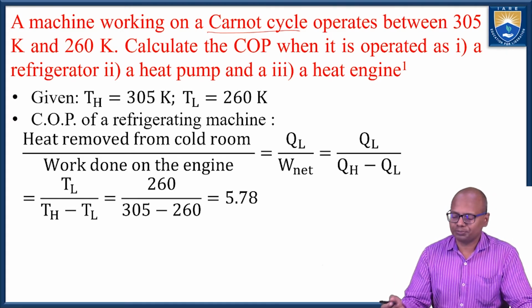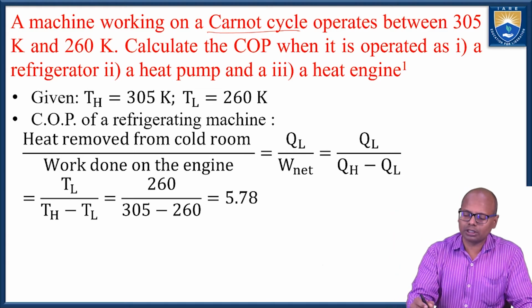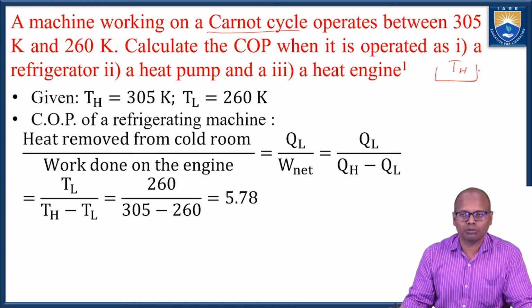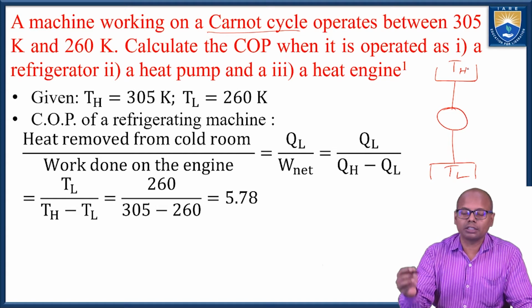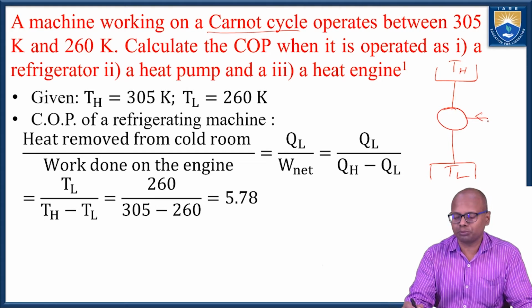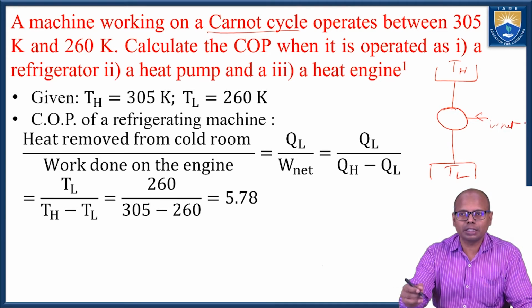Now we'll just recap what this setup is. This is a high temperature reservoir, this is our engine machine, and this is a low temperature reservoir. If I provide work input, W net, this machine can work as a refrigerator or heat pump.